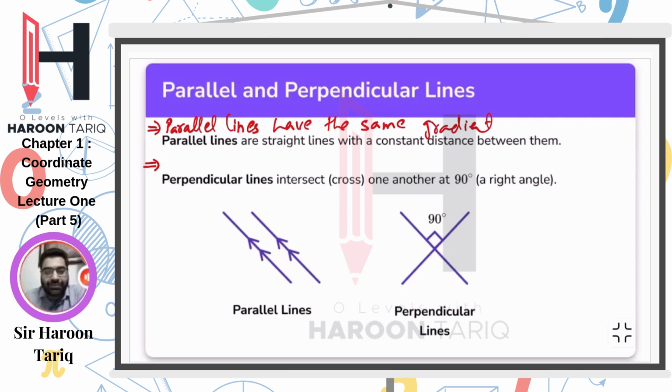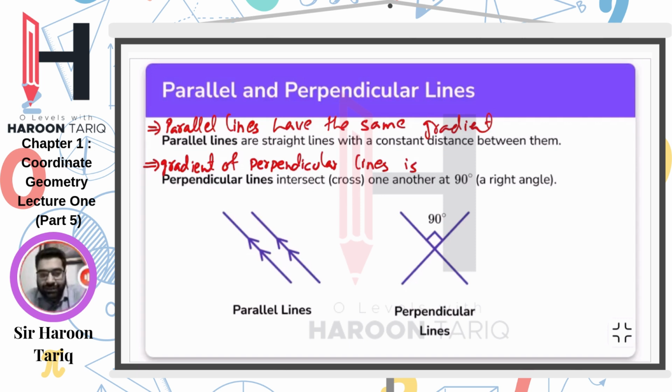Gradient of perpendicular lines, perpendicular means 90 degrees to each other, is negative reciprocal.